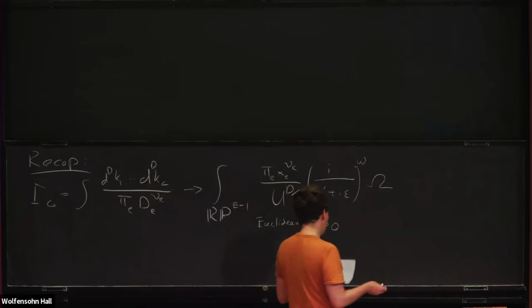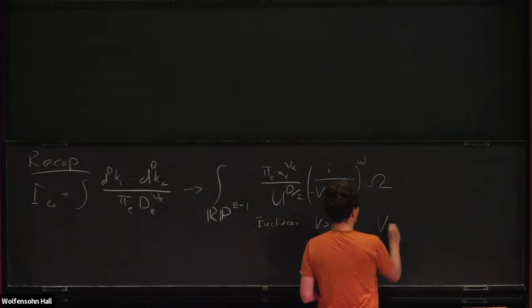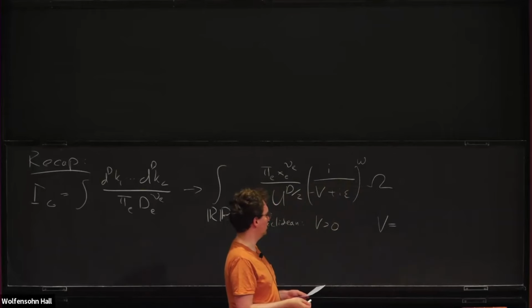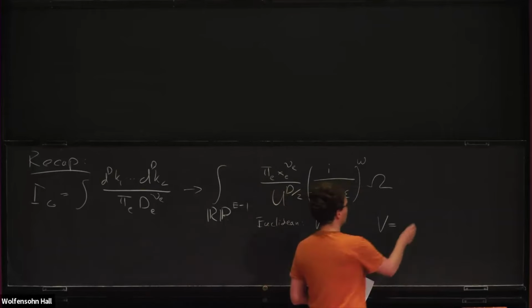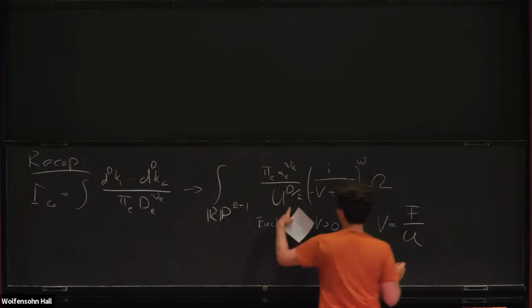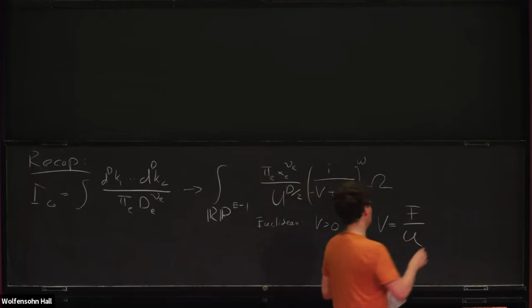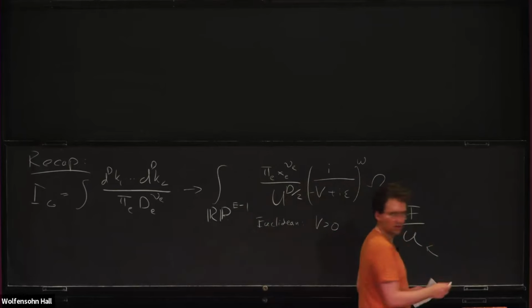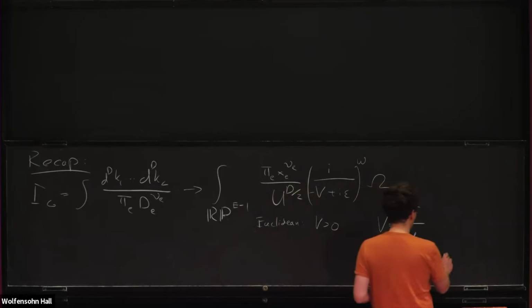So this V, it turns out to be a rational function that can be written as a quotient of two polynomials called F and U. So U is the same U as here, and F is a different polynomial. So it's easy to check from this determinant formula that this is a polynomial.